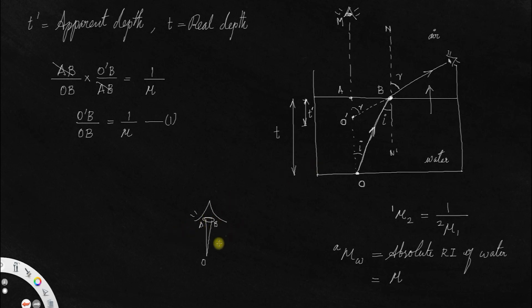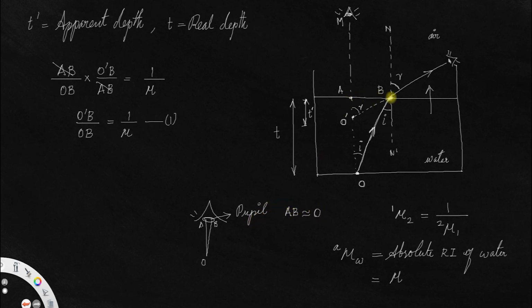So when these two rays pass through my pupil, I can observe this shift, this real and apparent depth. This is the pupil, which means AB is very small. AB can be approximated to 0.